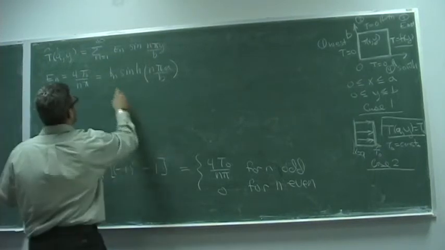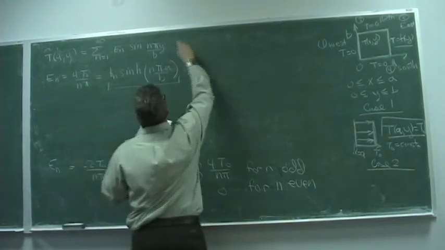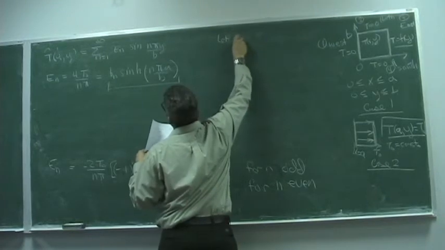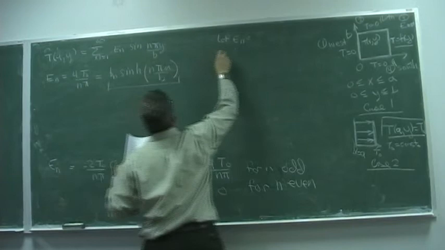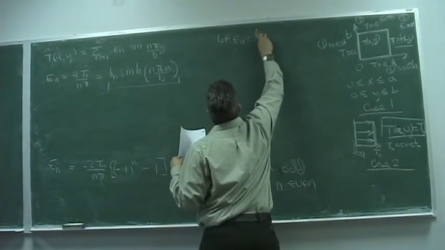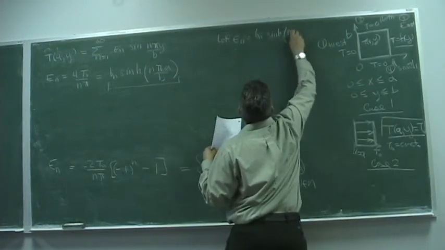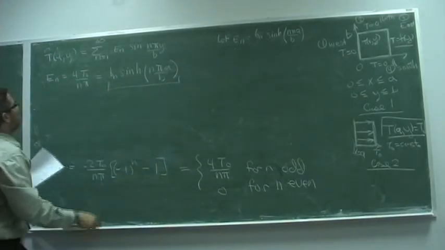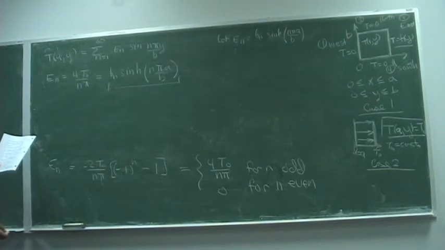Because we said this term right here, remember, we said from this equation, before we said let E sub n equal to b sub n sine hyperbolic n pi a over b. So I just set that equal. So this is E sub n. Now I'm going to go ahead and go the next step.